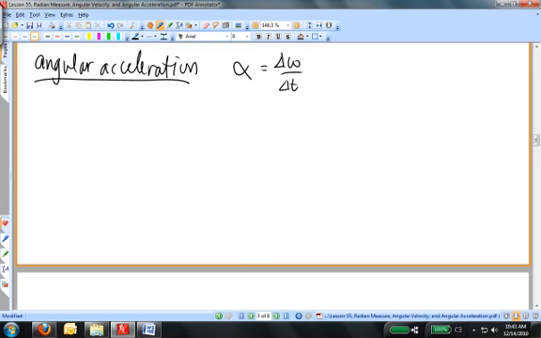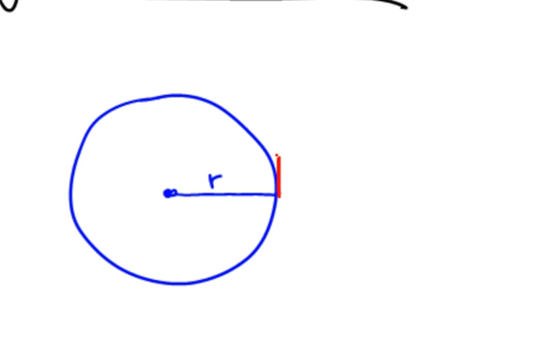We can see the relationship between angular acceleration and linear or tangential acceleration. So let's suppose that I have some initial tangential velocity here, which I'll call v parallel initial. And when the object actually spins up faster or slower, it's going to change its tangential speed. So at some time later, it's going to have a different tangential speed.